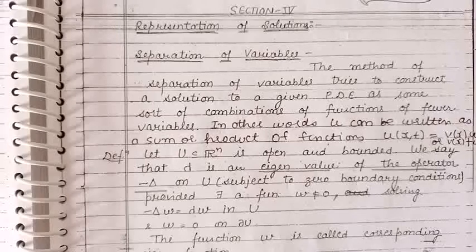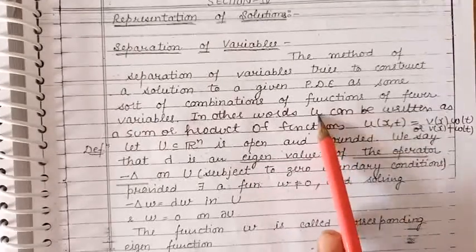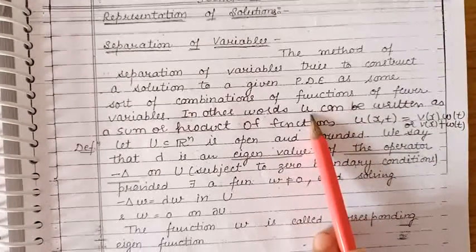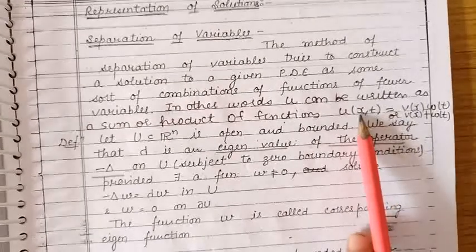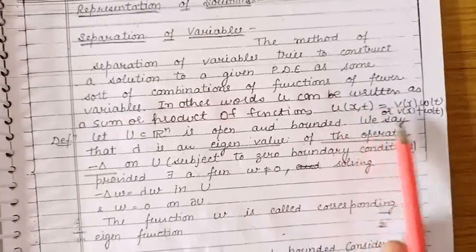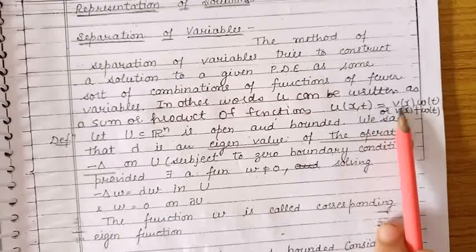The method of separation of variables tries to construct a solution to a given partial differential equation as some combination of functions of fewer variables. It means if we take u as a function of variables x and t, then that can be written as a sum or product of the functions.